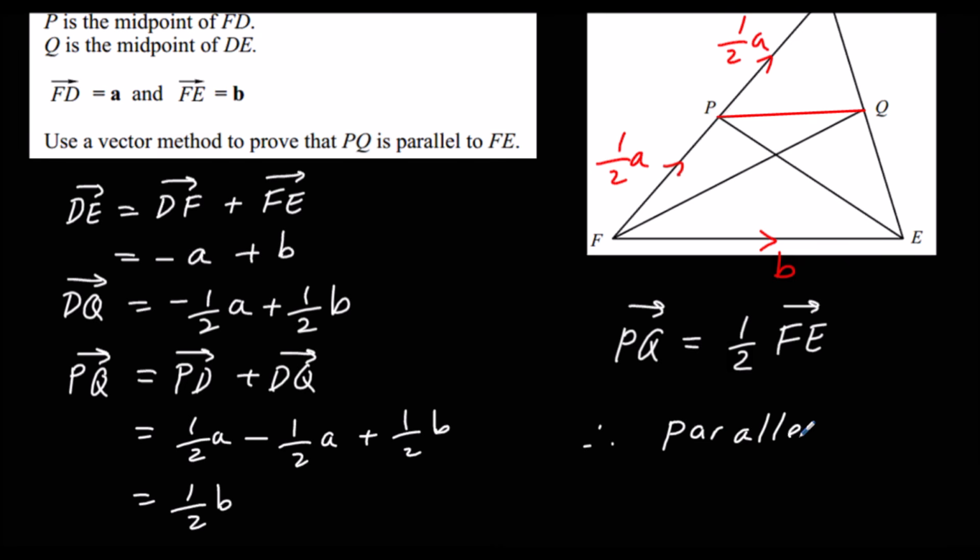One's a multiple of the other one. If one's a multiple of the other one, that means they must be going in the same direction.